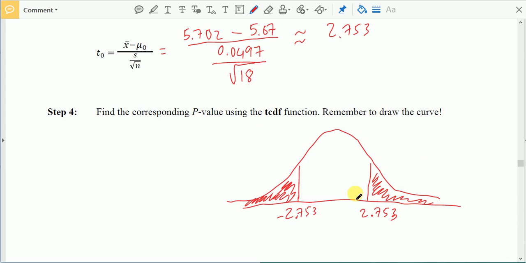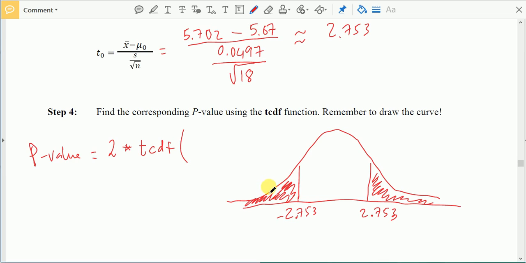Now I just have to find one of them and multiply by 2. So I can find the p-value using the tcdf command also, right? Now for the lower bound, I may just take the right-hand side region this time.